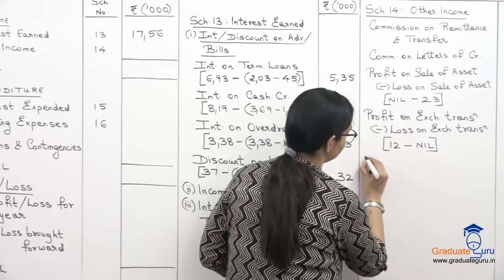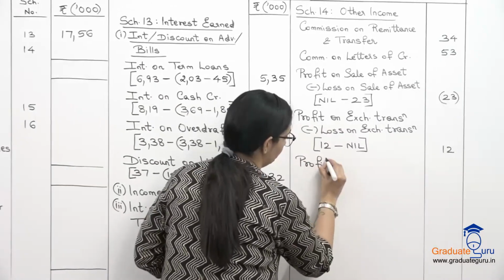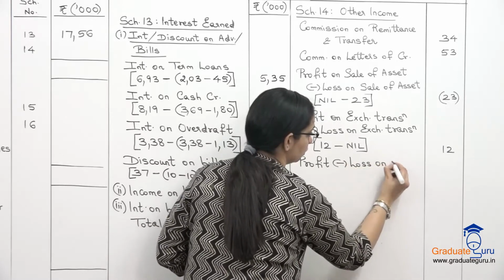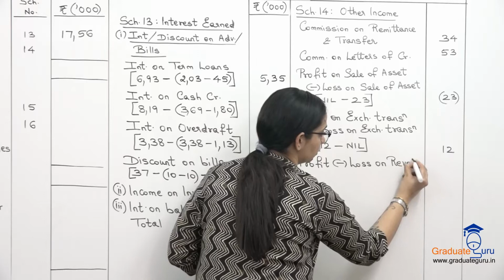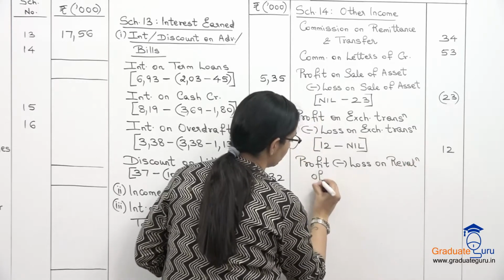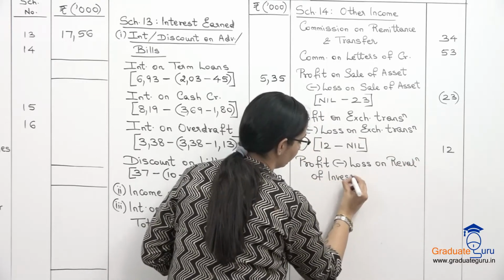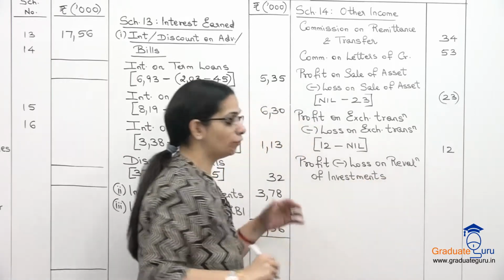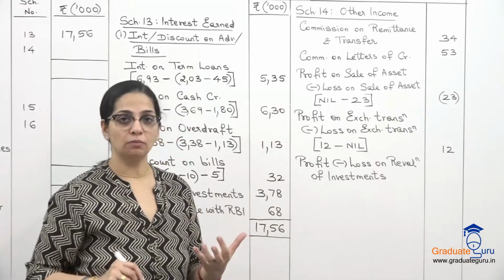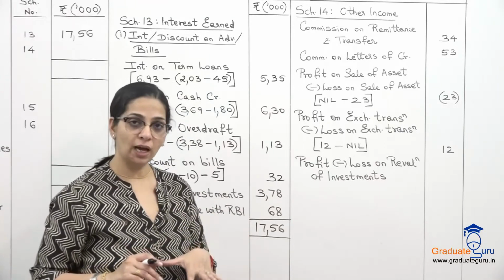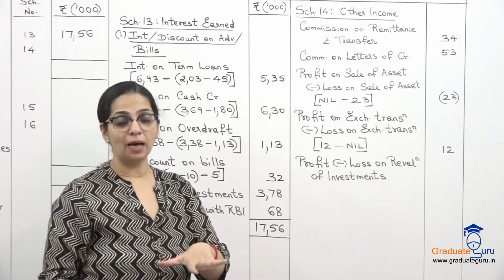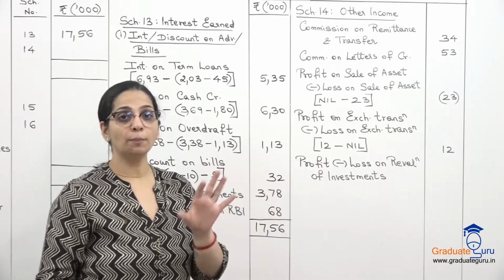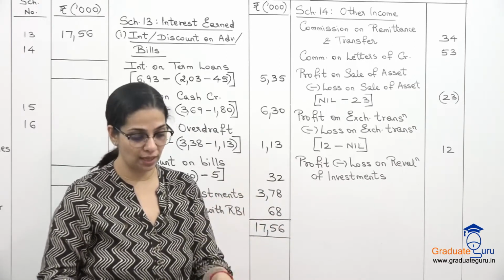So here again, profit minus loss on revaluation of investments. Now for this I need to do a comparison of what my actual value is, that is the market value, and what is my cost. So whether I have made a profit or a loss, I'll come to know in that.